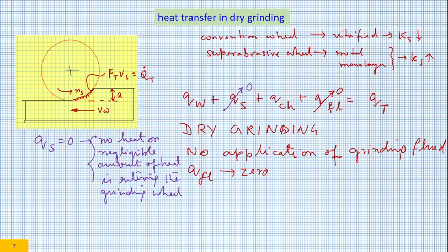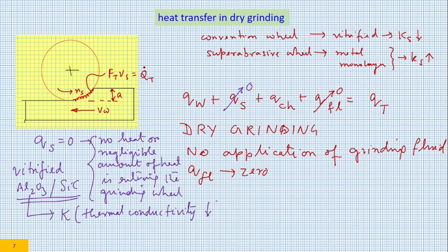Now the question is how far this assumption is true. When we are assuming this, we are assuming that you are using a vitrified wheel, say Al2O3 or silicon carbide. These are ceramic materials and their thermal conductivity is very less.